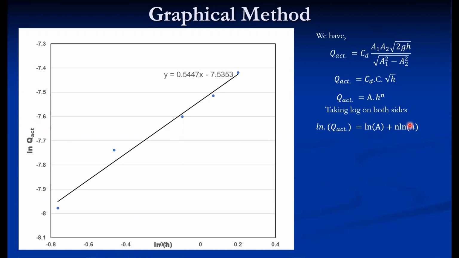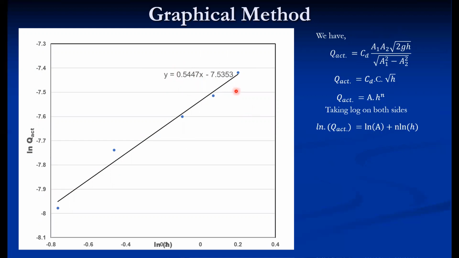Taking log on both sides, we get the log values as well. Then by plotting a graph, obviously we get a straight line, the equation y is equal to mx plus c. This slope is n in our case.